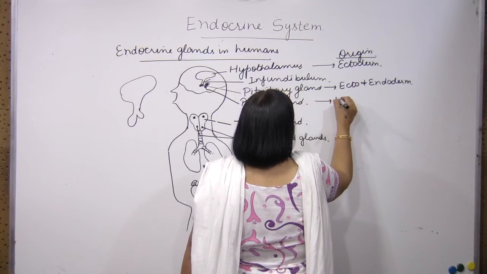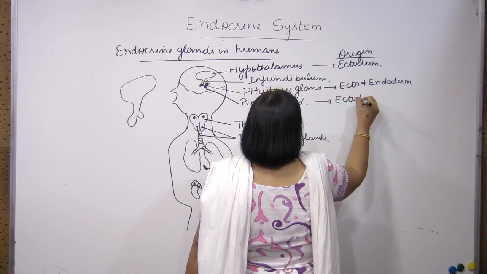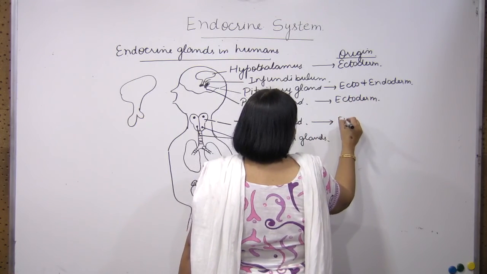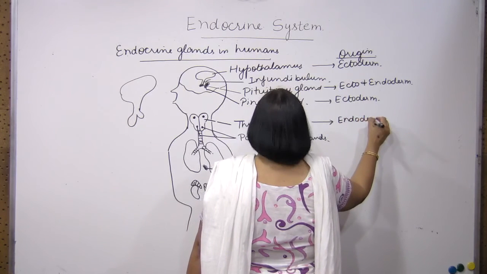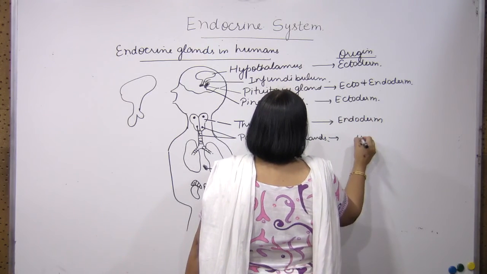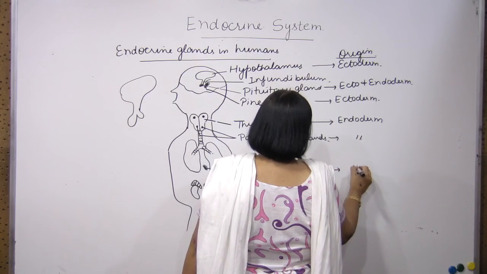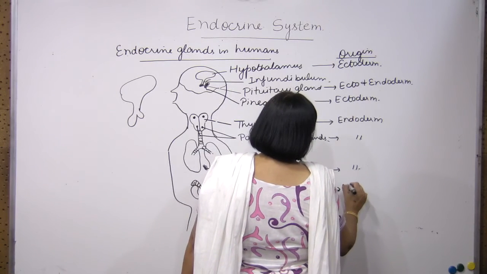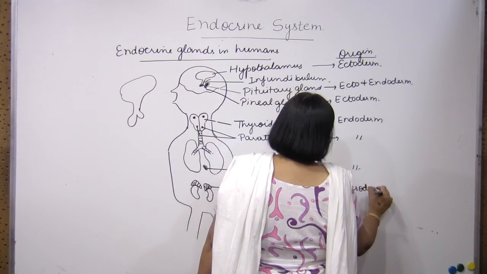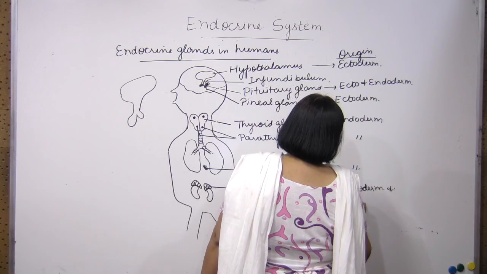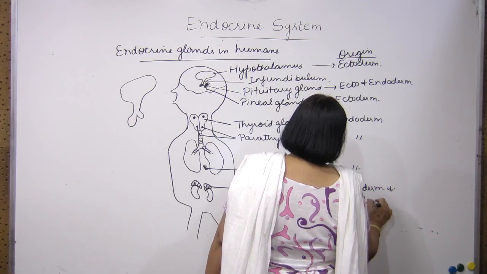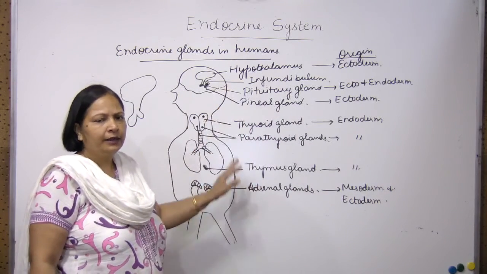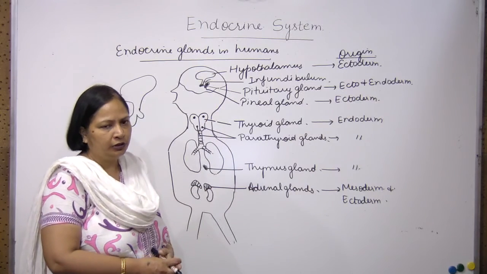Pineal gland, again ectoderm. Thyroid gland, endoderm. Parathyroid, endoderm. Thymus, endoderm. And adrenal glands have dual origin, mesoderm and ectoderm. So various endocrine glands arise from different germ layers.